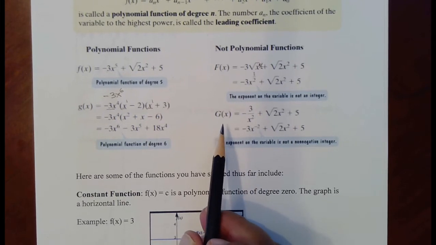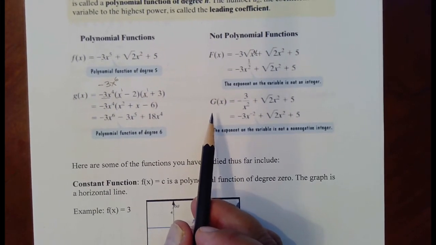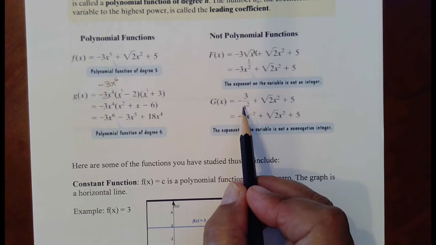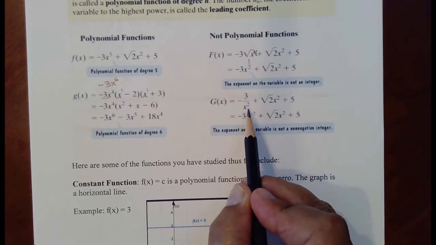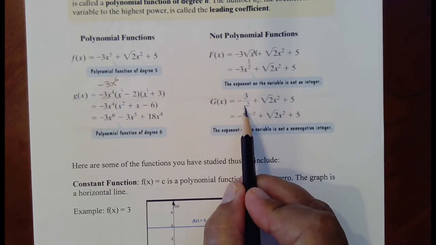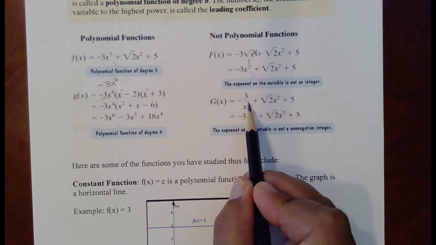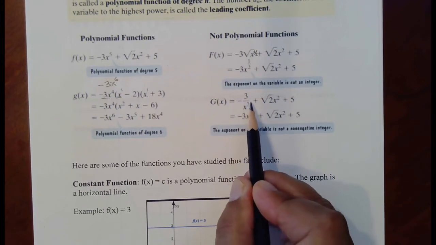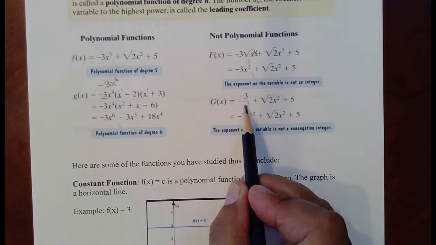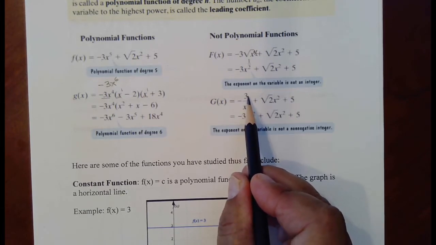Likewise, g of x also has a problem. The problem with this one, again, if you recall things that you learned about how we write various terms in power form, when a term is down in the bottom, in the denominator, if you want to raise it to the top and write it in power form, any power that occurred in the denominator is actually a negative power if you're going to float it to the top right up next to that -3.